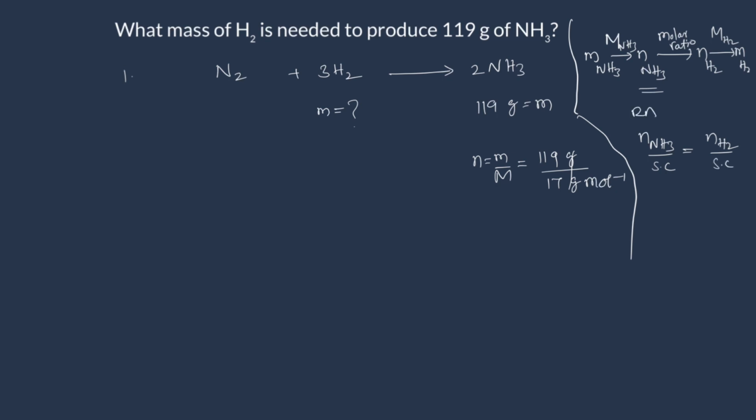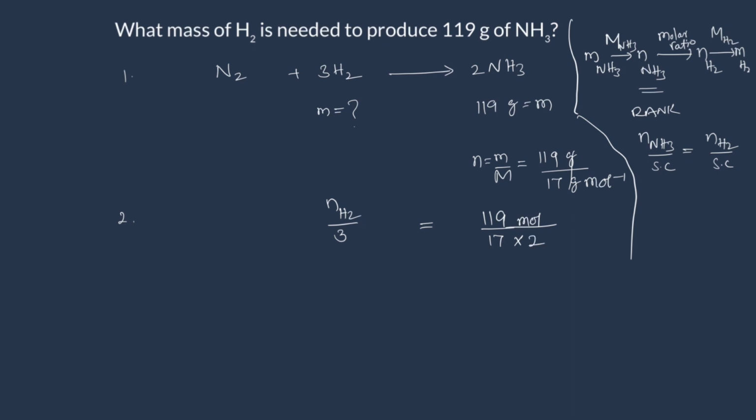So the number of moles of hydrogen by stoichiometric coefficient 3 is equal to the number of moles of ammonia, 119 divided by 17, by its stoichiometric coefficient, which is 2.